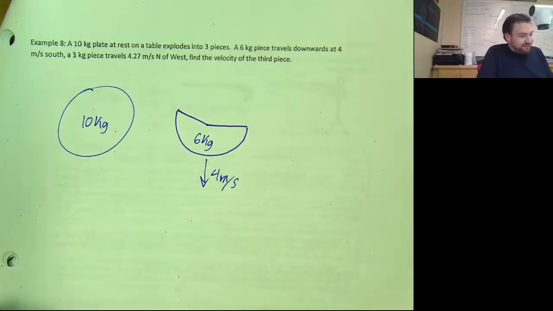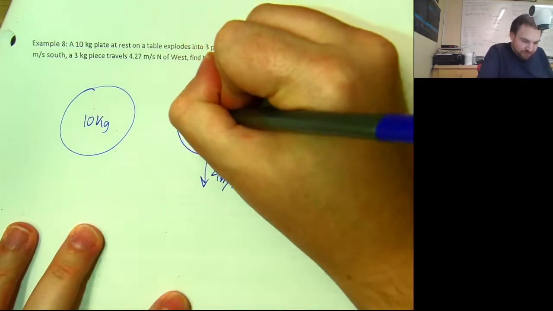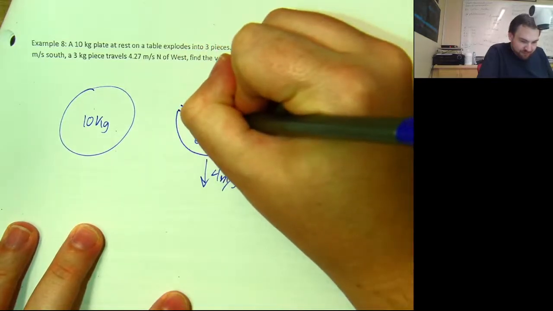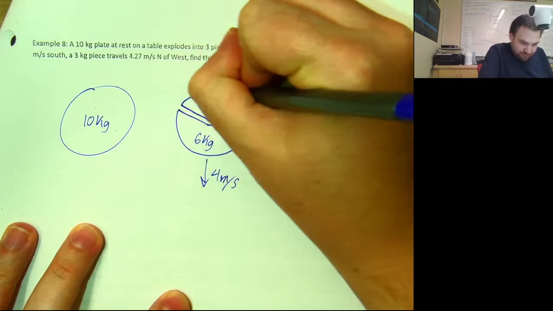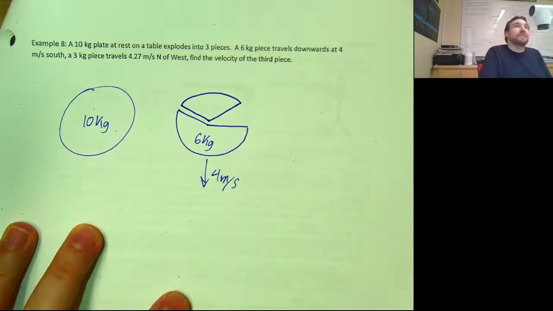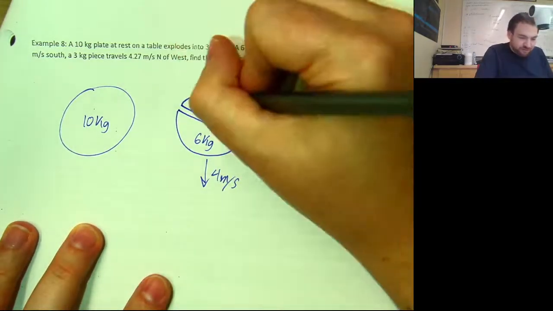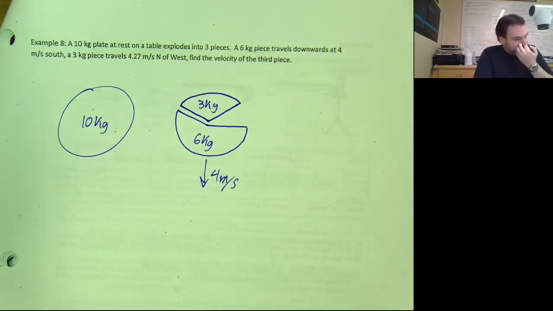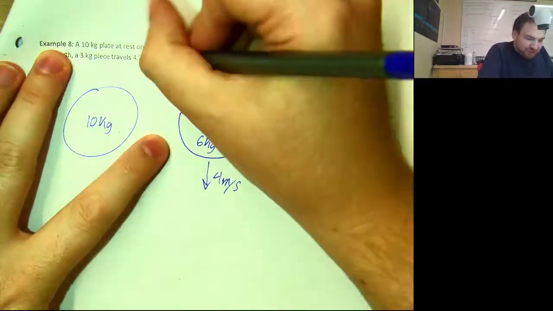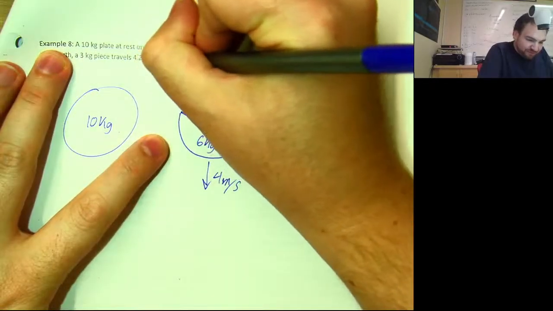This is where the rest of it's going to fall apart. We've got a 3 kilogram section. Okay, we've got a 3 kilogram wedge. We're told it's going... Oh, I didn't give you a direction. It's 30 degrees north of west.